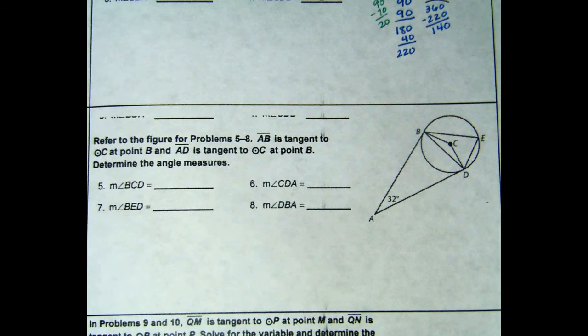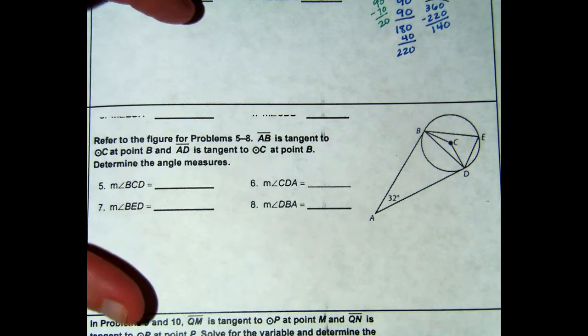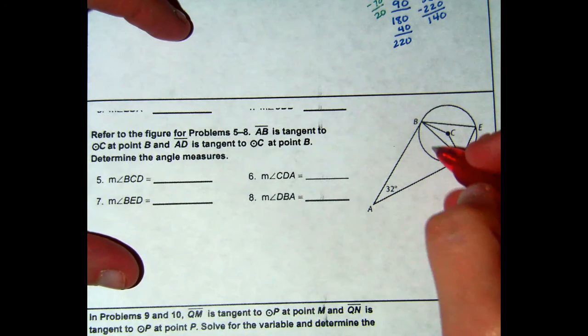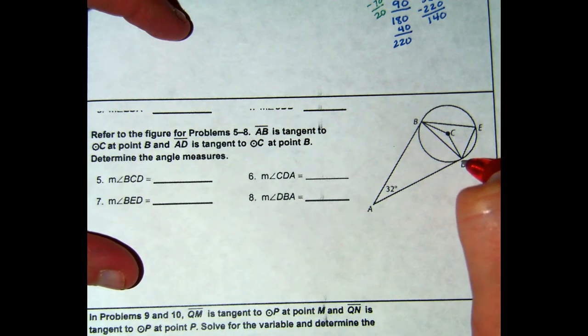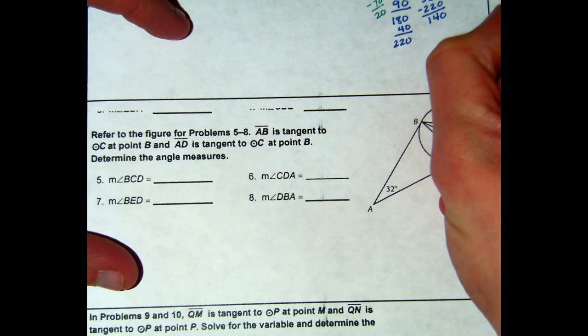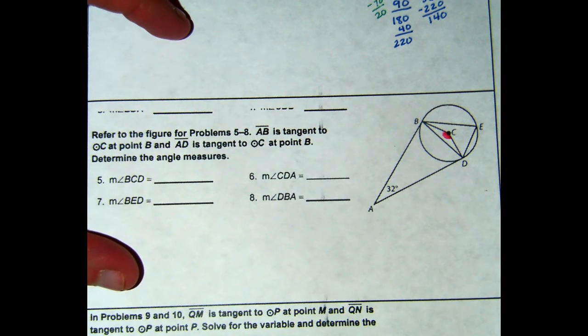Alright, 5 through 8. Other than the perpendicular segment, most of it is a review of stuff we've done in the past, which you may have forgotten over the weekend. But the measure of BCD here, can we find that to start with? Or do we probably need to find something else first?